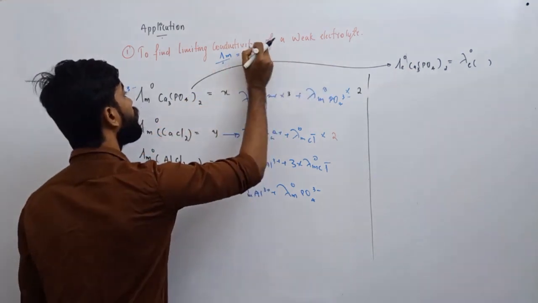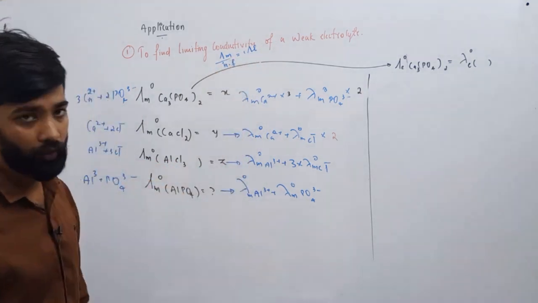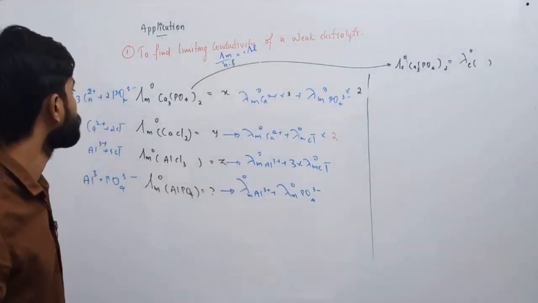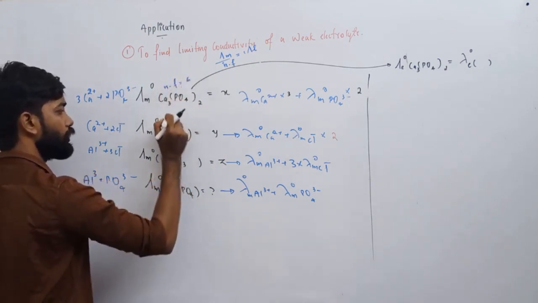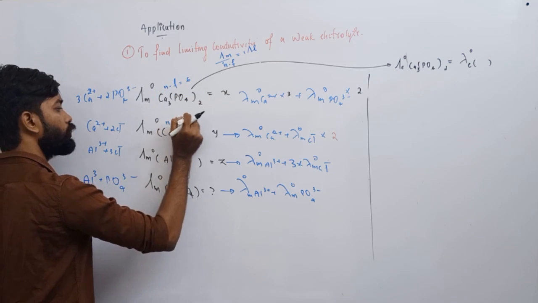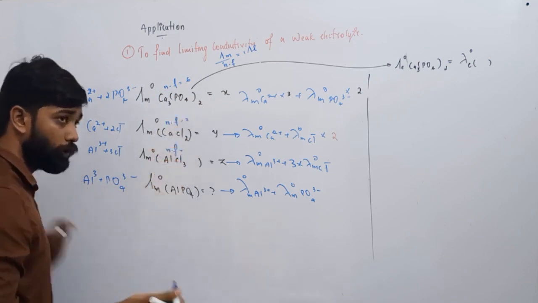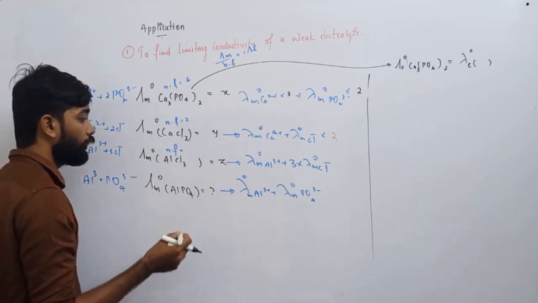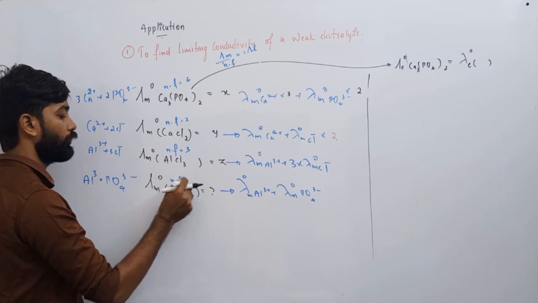The equivalent conductivity may be obtained by dividing the molar conductivity by the n factor, right? So what is the n factor here? Total number of positive or negative charge, 6. I think you know how to calculate the n factor, right?